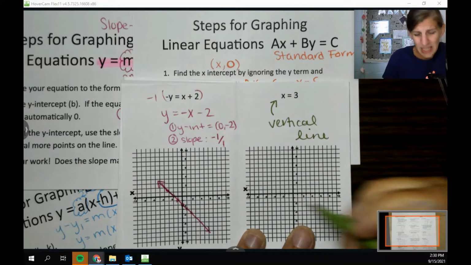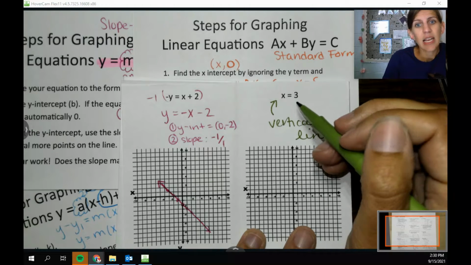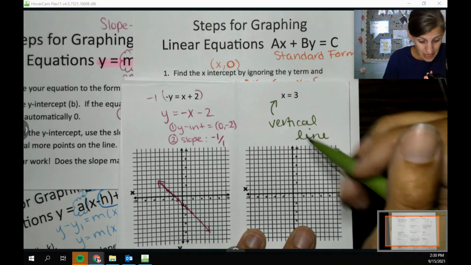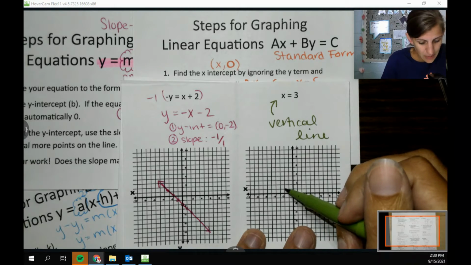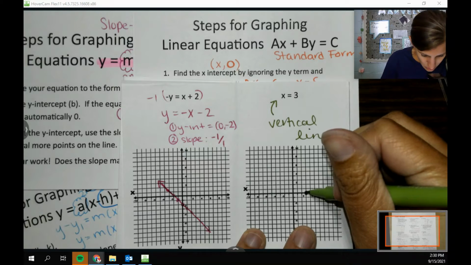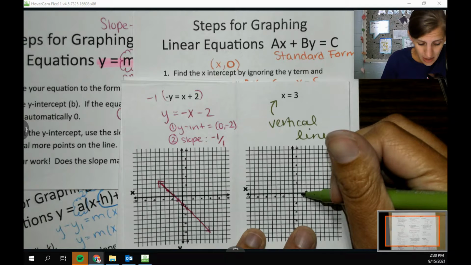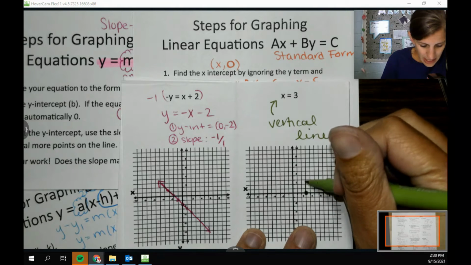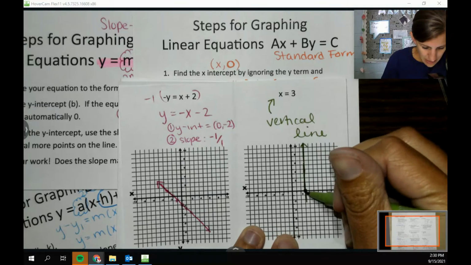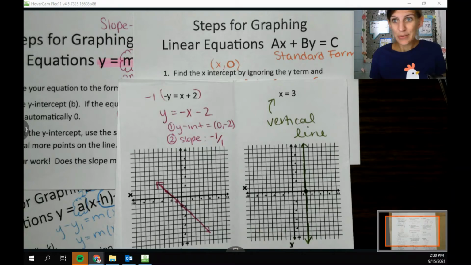Feels kind of opposite because x goes horizontally, but literally what this is saying is that no matter where I go on my graph, x has to be 3. So I can't go here because x isn't 3. I can go here because x is 3, but I can't go over because x won't be 3. I have to go only up or down for x to be 3. So those are all the places where x is 3.